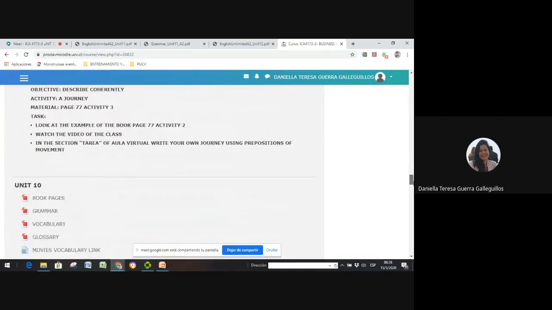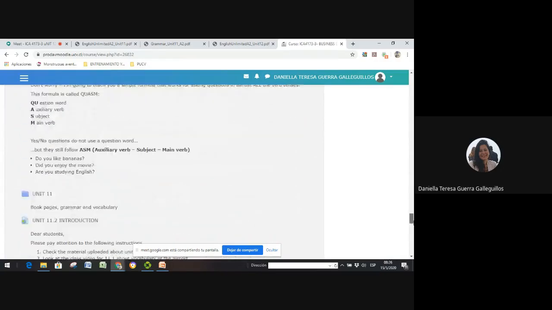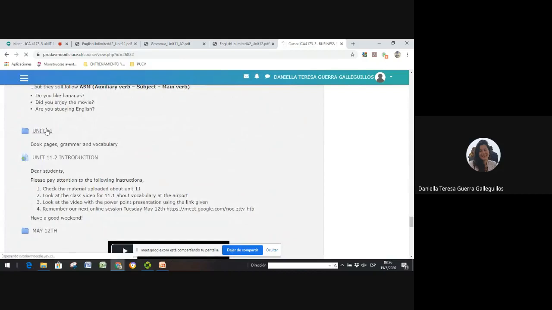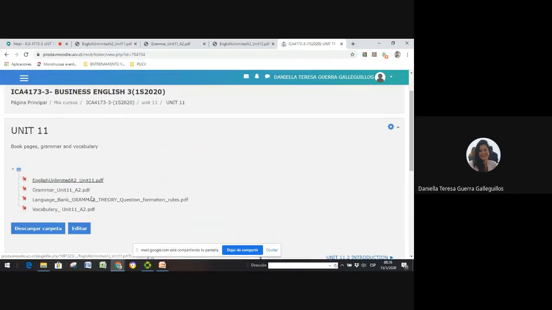We have so many things in Unit 11. Here in this folder, you can see all the things that I'm mentioning: the language bank, the grammar, etc. The book pages. So that's what I'm showing you now.